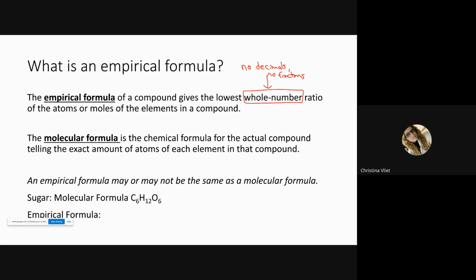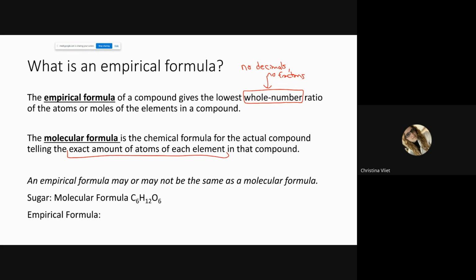You can only give whole numbers. And so this gives us the simplest ratio of atoms in a compound we can have. And so molecular formula may be different than the empirical formula because it's whatever the chemical formula for the actual compound we're studying is. And it tells us exactly how many atoms of each element we have in that compound.